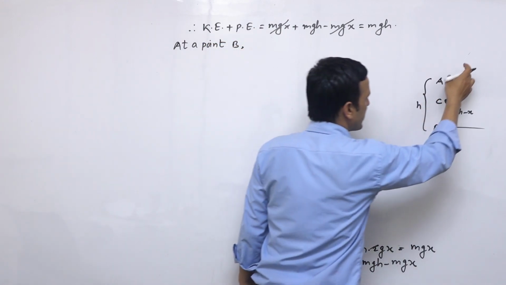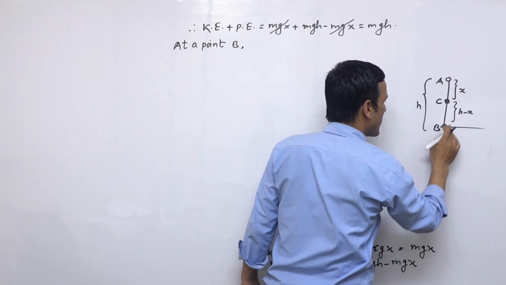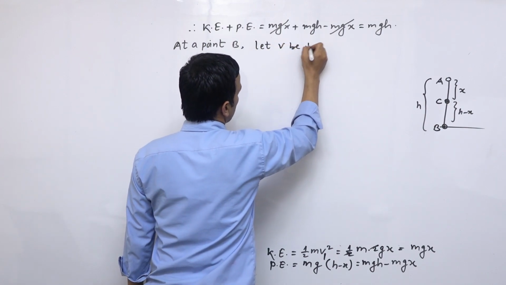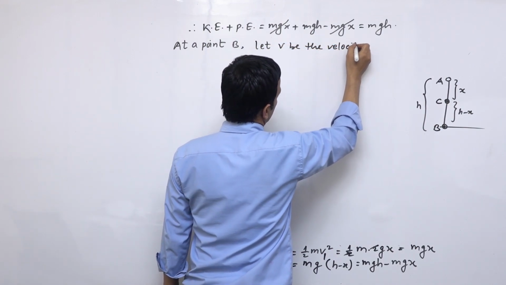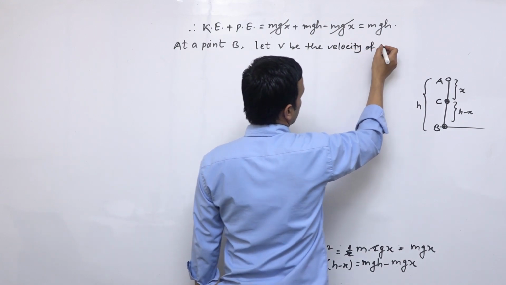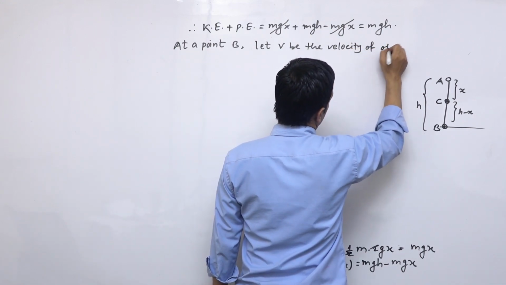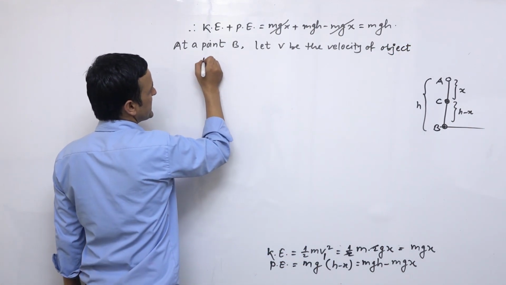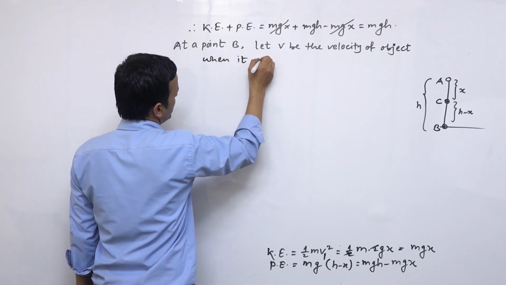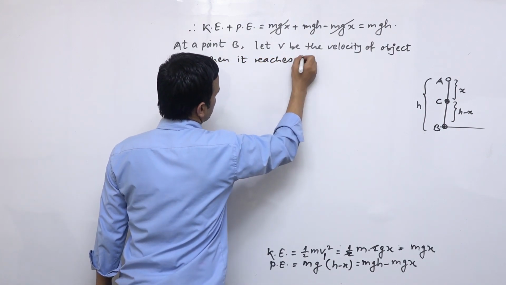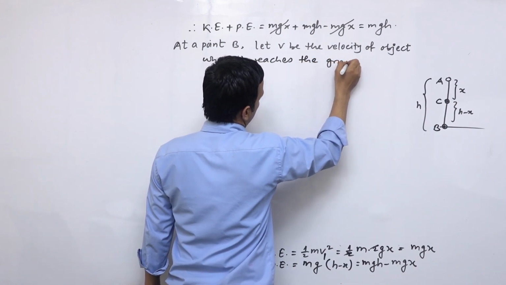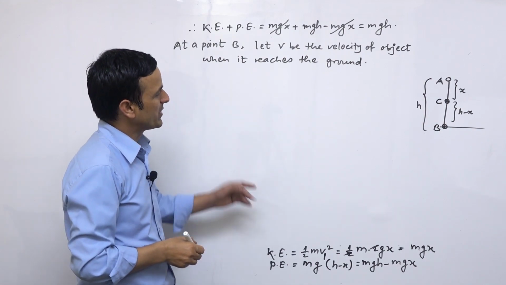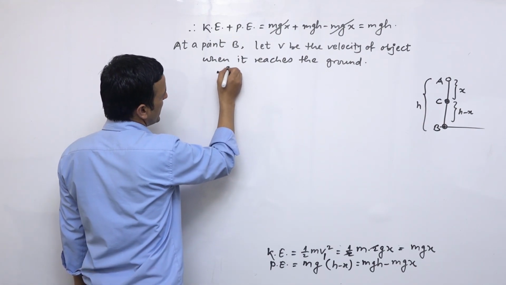When it reaches B, the velocity of the object starting from here becomes, let v be the velocity of the object when it reaches the ground. For the object to reach the ground, let the velocity be v.